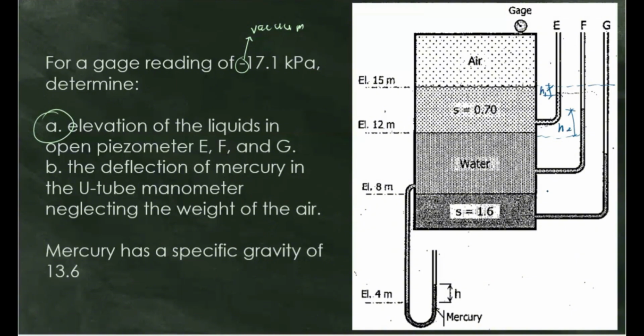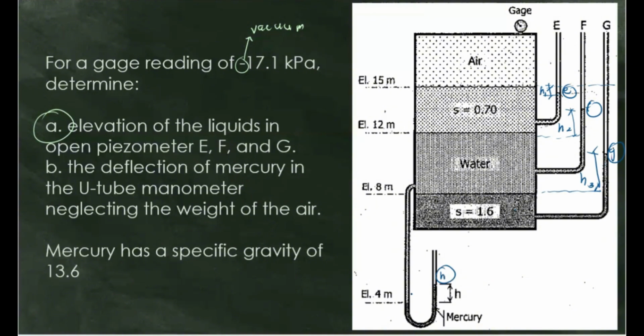So, dito, tsaka ito, so become H sub 3. So, i-assume natin na ito ay point E na maliit, ito point F, ito na sa ibabaw, and then ito point G. And then ito, meron pa dito, no? Kasi pinapahanap din sa dulo. Let's say ito, point H na lang, kasi H din yung gamit.